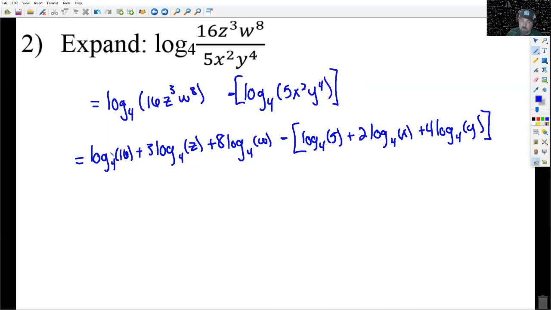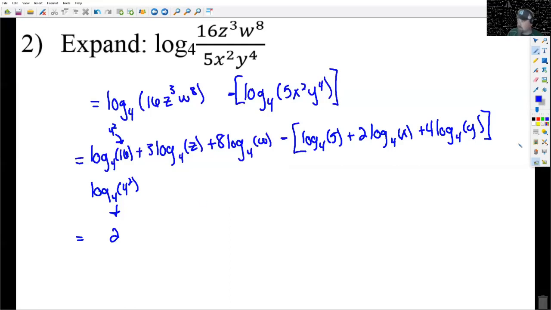Check your number. Can you write 16 as a power of 4? We can. This is 4 squared. And what happens here is the log base 4 of 4 squared turns into just the value of 2. Let's try that again.